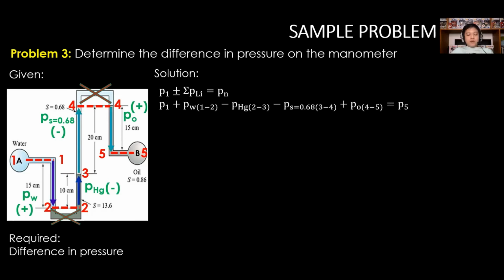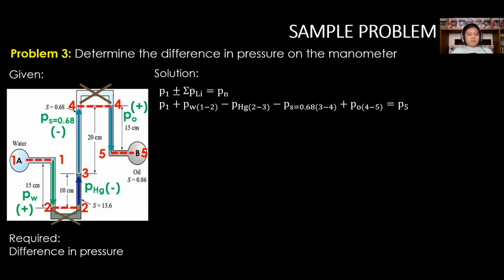Therefore, we have P1 plus the pressure of water from 1 to 2 minus the pressure of mercury from 2 to 3 minus the pressure of liquid with specific gravity 0.68 from 3 to 4 plus pressure of oil from 4 to 5 equal to the last point that is P5.